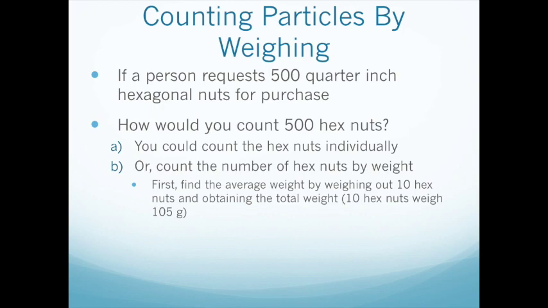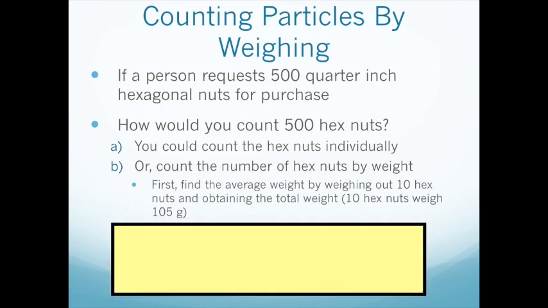So say 10 hex nuts weigh 105 grams. That means that each hex nut weighs 10.5 grams. So then, in order to get 500 hex nuts, you would multiply that 10.5 grams by 500, and you would have a weight that corresponds to 500 hex nuts.